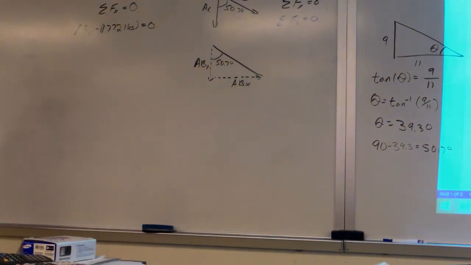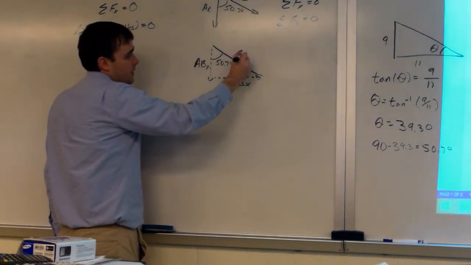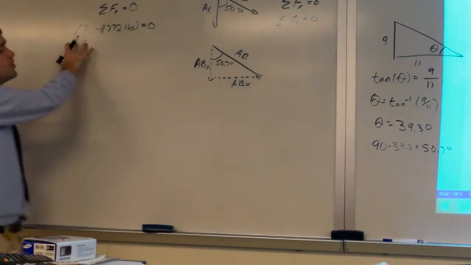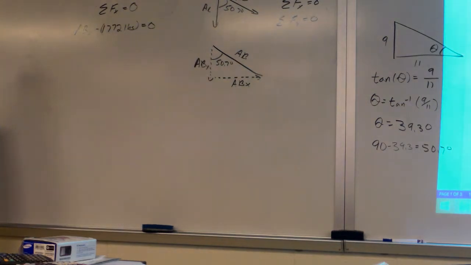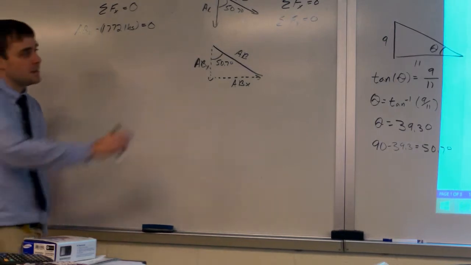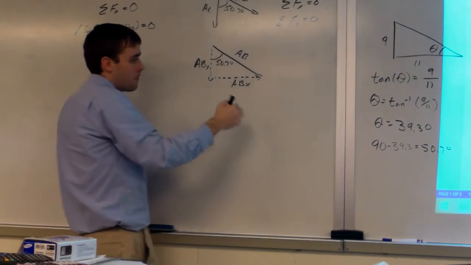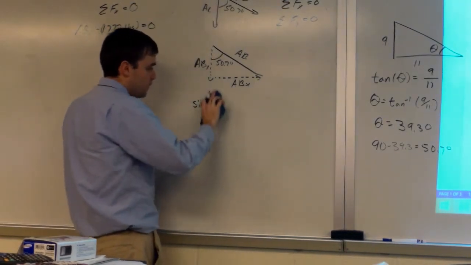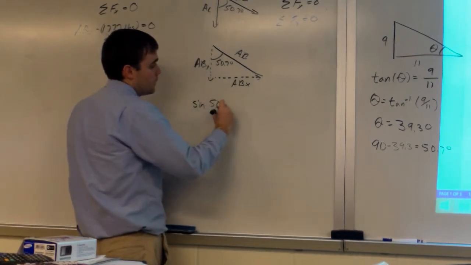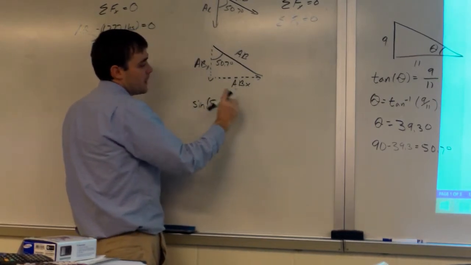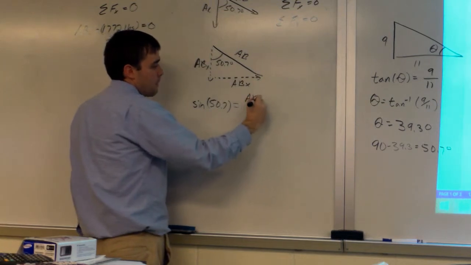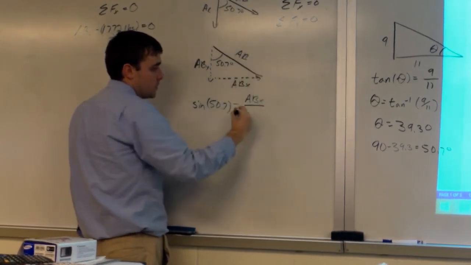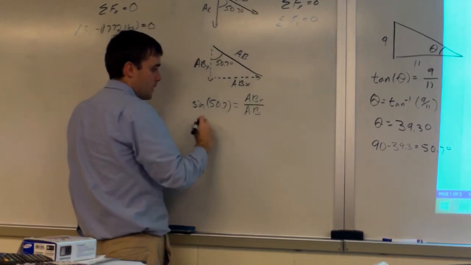Well, we're looking for AB here, so how can we change ABX to have something with AB in it? AB times the cosine of 50.7 degrees. Sine, oh, it is sine, because it's opposite in this case. So sine of 50.7 equals opposite, ABX, over hypotenuse, AB.